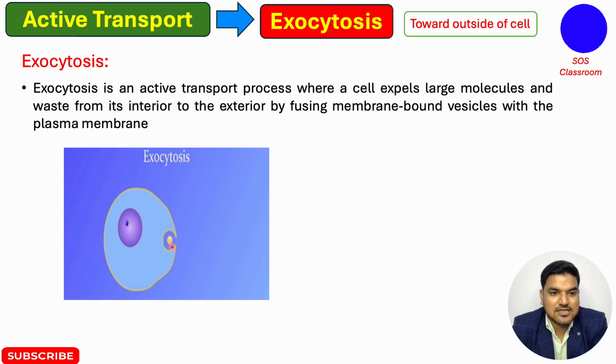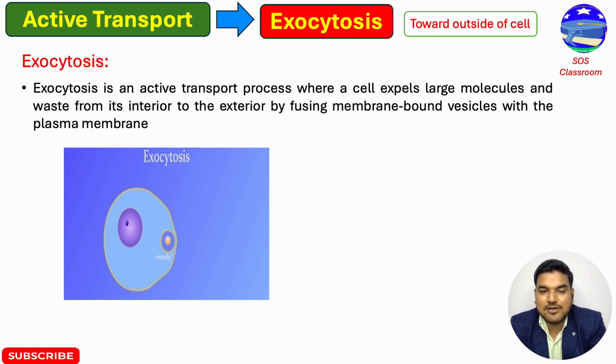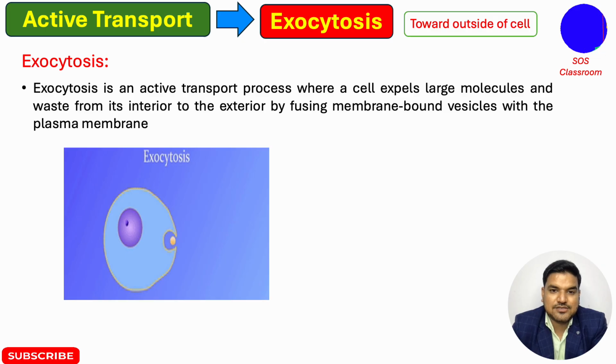You can see the attachment or fusion with the plasma membrane and release of the molecules from the inner environment to the external environment. This process of the plasma membrane is called exocytosis. So exocytosis releases substances from the inside of the cell to the external environment with the help of energy.